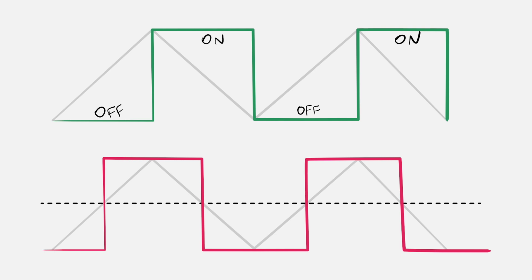The other one, as we already explained, is created with the logic states within the triangle core, and they are on when the triangle is descending and off when the triangle is ascending, while this one is on when the triangle is positive and off when the triangle is negative, and this introduces a 90-degree phase rotation.